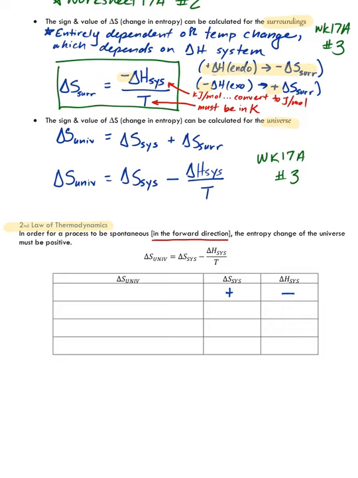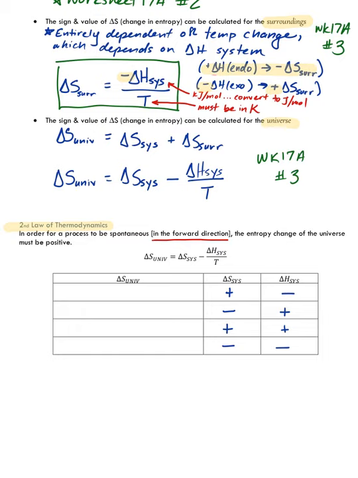We can have a negative delta S and a positive delta H. Or we can have both of them be positive or both of them be negative. Regardless of what the value is for these first 2 situations, we're going to know what the sign is for delta S of the universe.